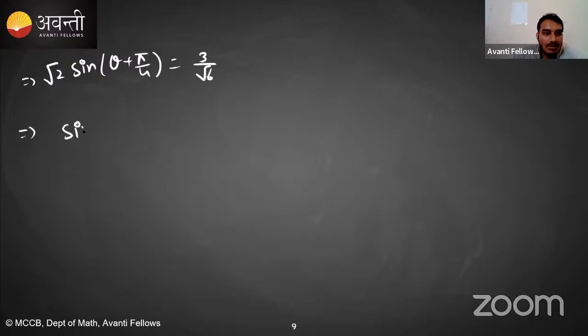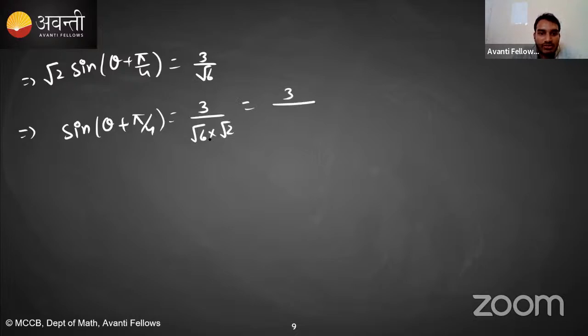So it implies sin of theta plus pi by 4 is how much? 3 upon √6 into √2. This 3 upon √6 can be written as √3 into √2, and one more √2, so how much is this? √3 by 2, right?